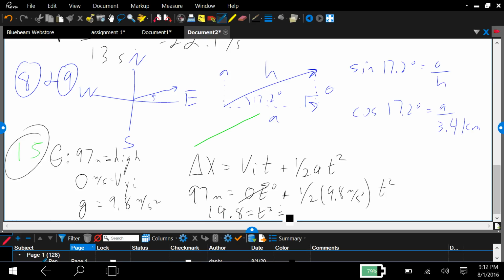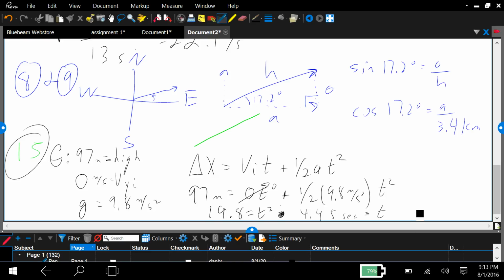All right, and the square root of that is 4.45. So 4.45 seconds is equal to the time the ball was in the air.